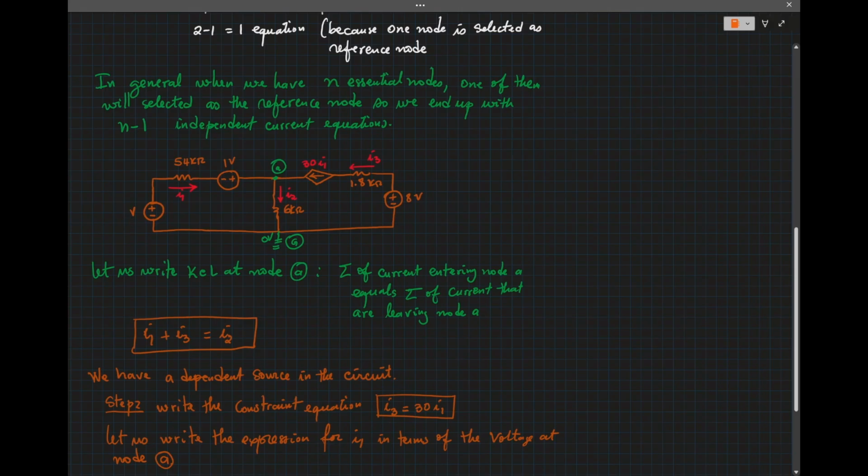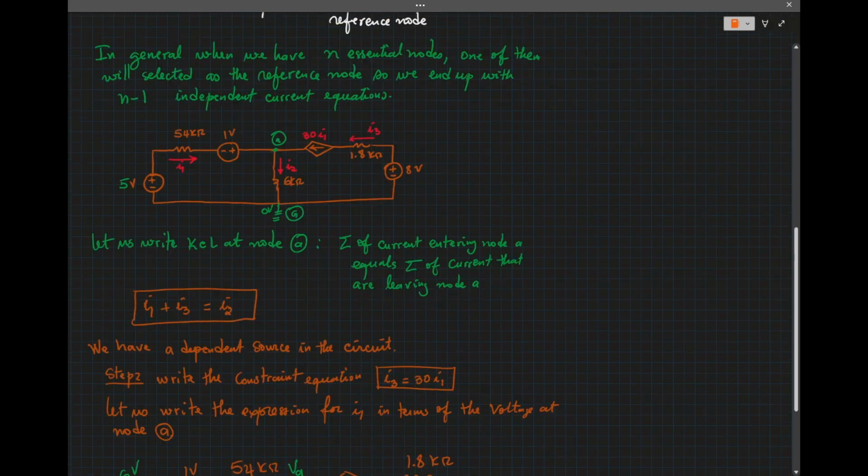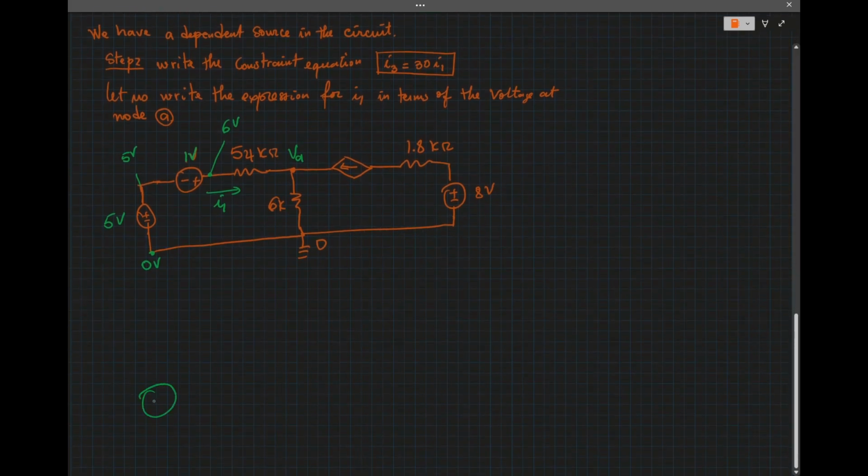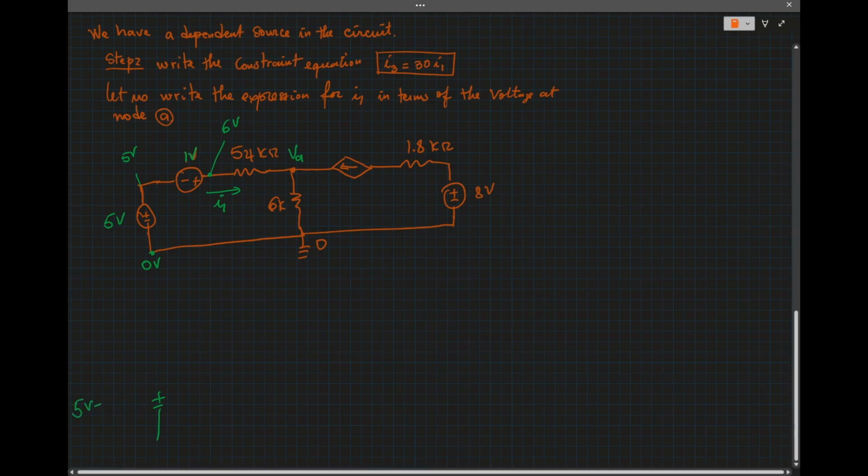Now we have 5 volt here, and we have 1 volt here. So that means this point is 6 volt, because we're increasing in potential. So in the network we have 6 volt, because when you have voltage sources in series, we can add them up. So that is 5 plus 1 volt equal to 6 volt.